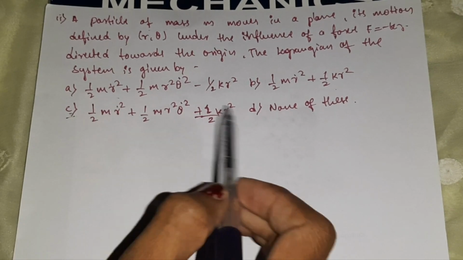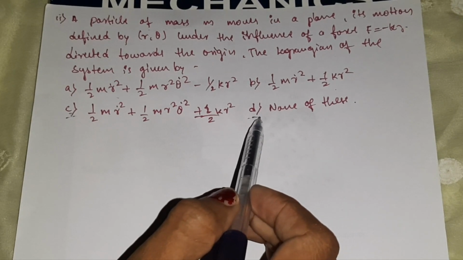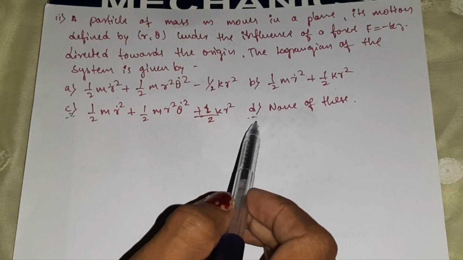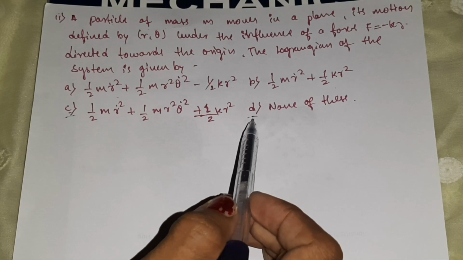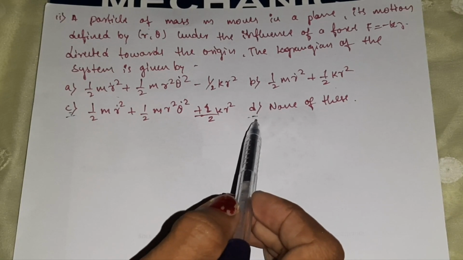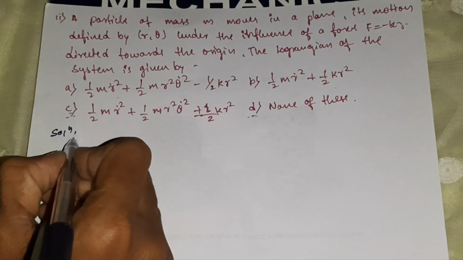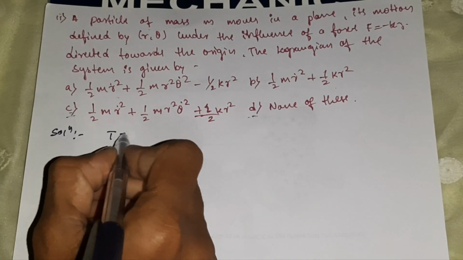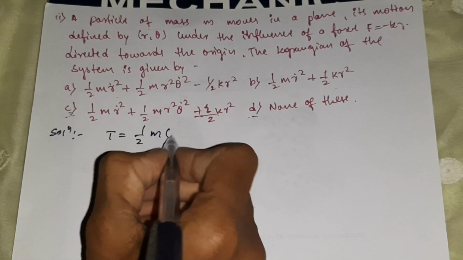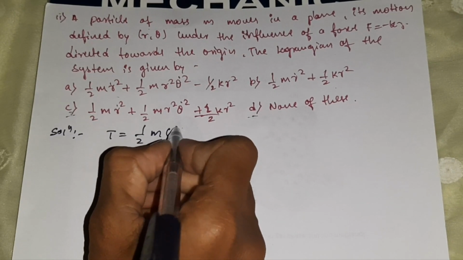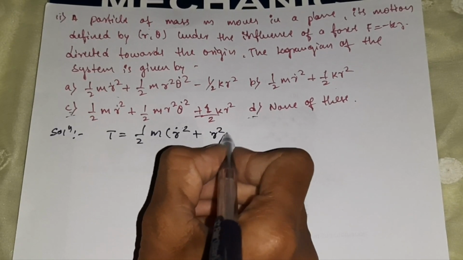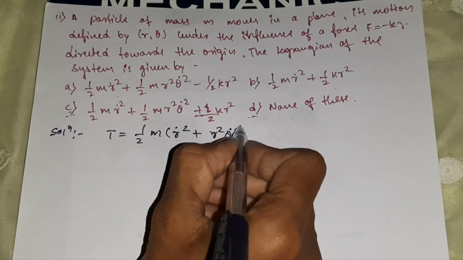Just observe the options given here, so we can solve this question. The kinetic energy of the system, if we take, is given by T equal to half m r dot square plus r square theta dot square.